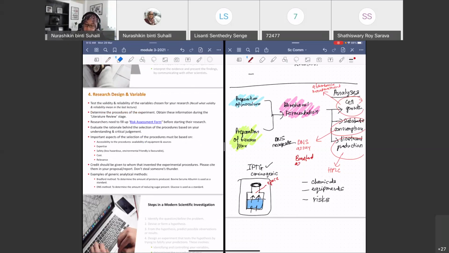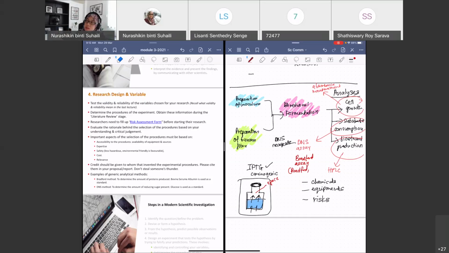This method was actually proposed by researchers. Bradford is by Bradford. The name of the scientist is Bradford, so that's why the method is named the Bradford assay. So you also have to give credit to the person who invented the method. Normally we cite Bradford, the original researcher.